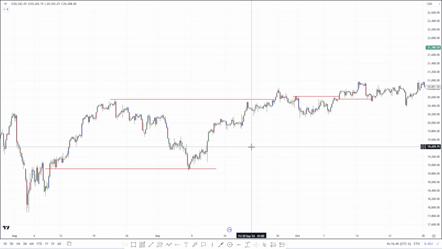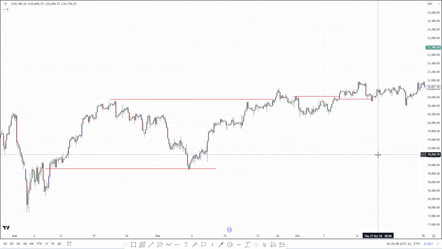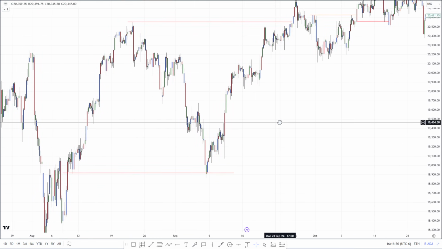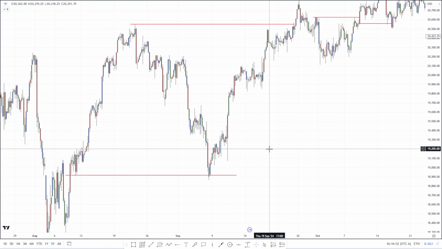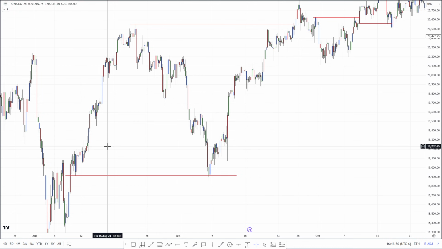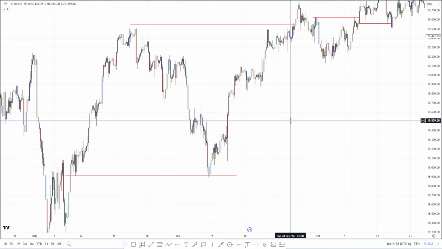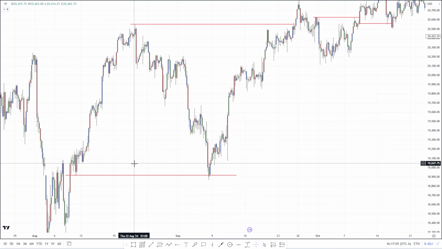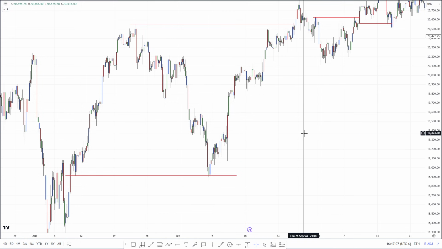Okay. So what I've noticed on the 4-hour chart that stands out very obviously is that we get these cycles and we tend to have the same time frame that kind of starts the cycle and ends the cycle.